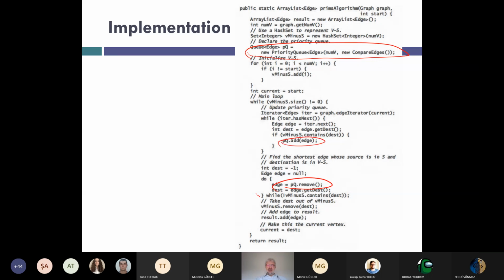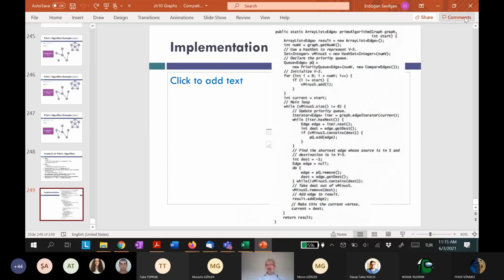As you see here, so by using a priority queue. Okay, I will stop here and leave the rest for you. Any questions so far?